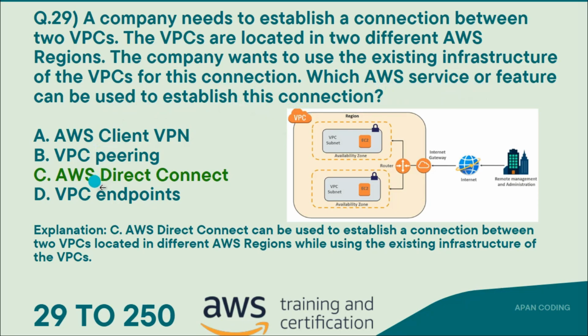Option C, AWS Direct Connect. AWS Direct Connect can be used to establish a connection between two VPCs located in different regions while using the existing infrastructure of the VPCs. So it's very clear, friends. If the two VPCs are in different locations, AWS Direct Connect will help connect them. So move on to the next, friends.